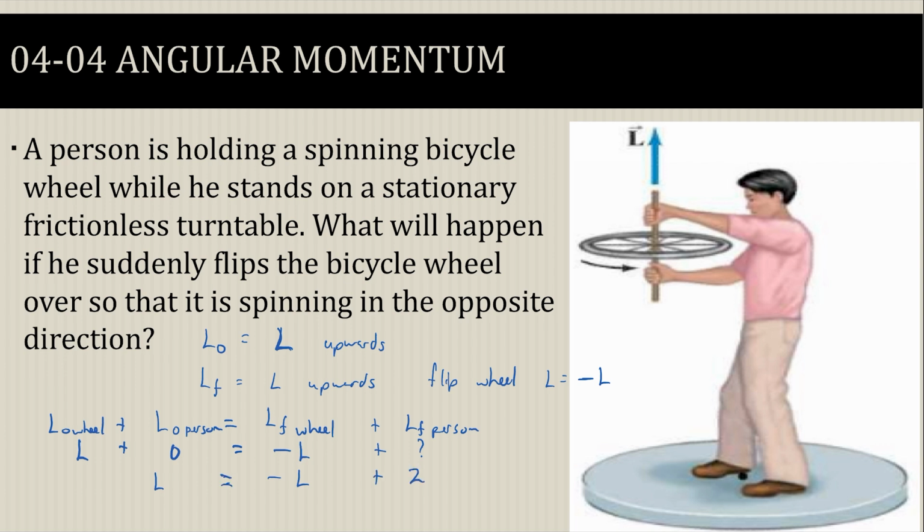I need to add 2 L's to have both sides be the same. So what's going to happen? The person is going to rotate with a momentum of 2L. So the person rotates in the direction the wheel was initially spinning, with momentum 2L.